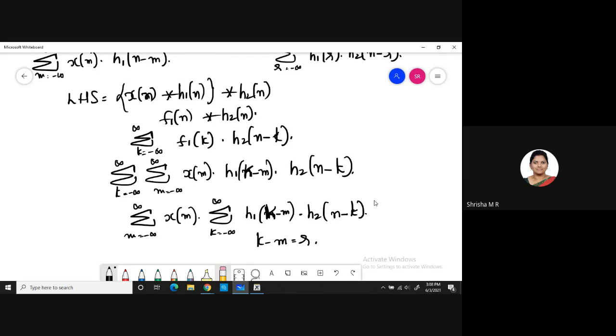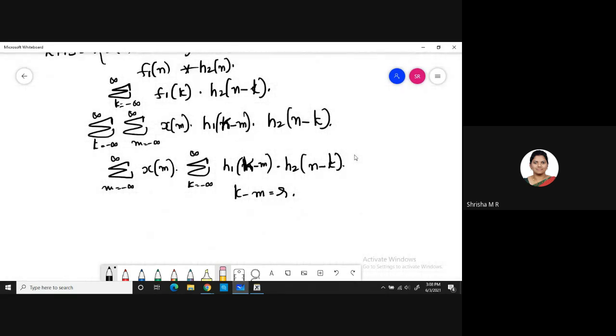If you substitute like this, if k is equal to minus infinity, what is r?